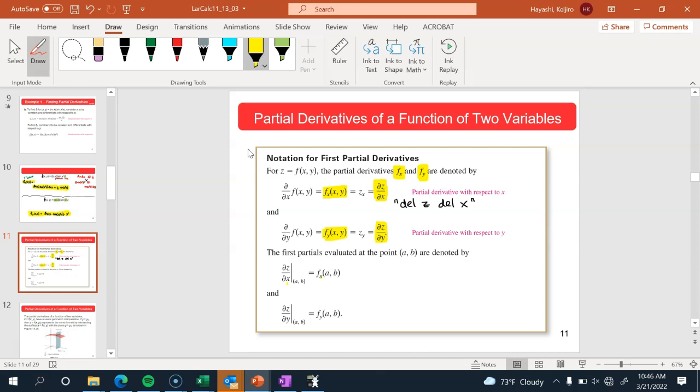But you might see the function notation with the f and the little letter in the corner, or you might see the delta notation. Both just mean the same thing. Whatever variable is on the bottom, that's the variable that the partial derivative is being taken with respect to. Anything else that's not that variable is treated as a constant.